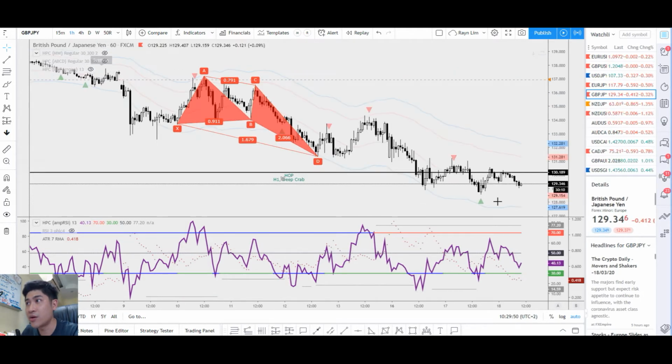Arrow. Alright, so the arrow has really appeared. What I'm waiting for is, because at this price it gives you a perfect reward to risk ratio, I can just add an alert over here.